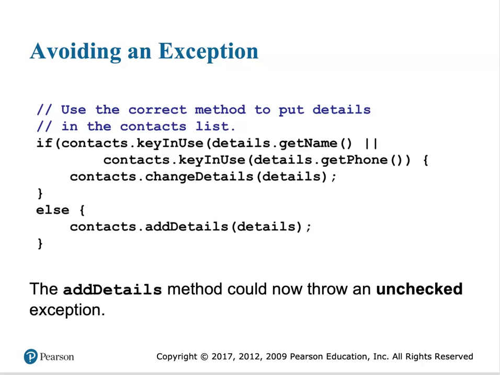If we try to add information to the address book, and the value already exists in the address book, then we just want to change and update that value. We don't want to add a whole new value. So here's the structure to avoid an exception.